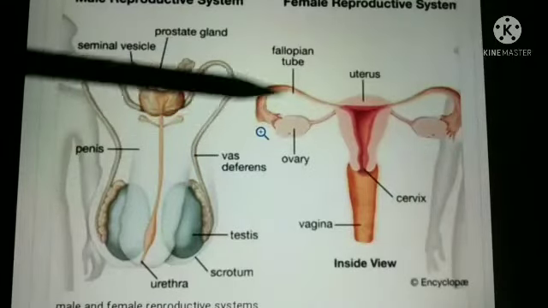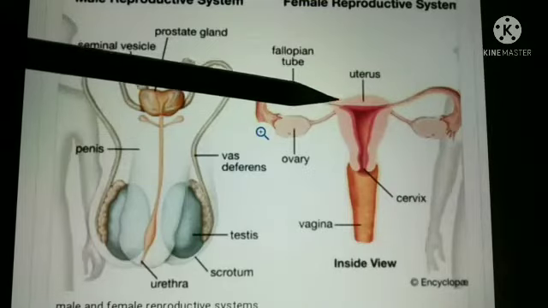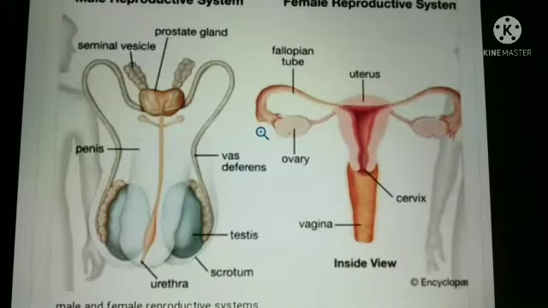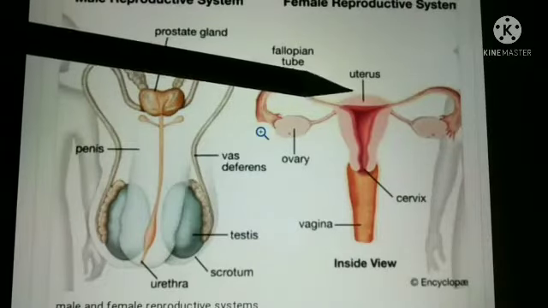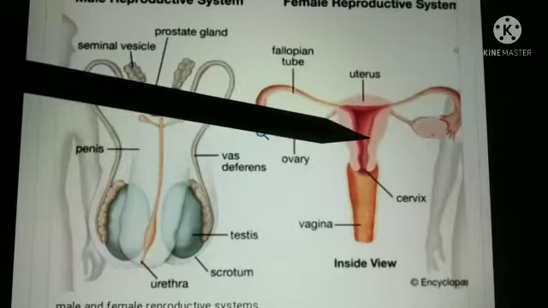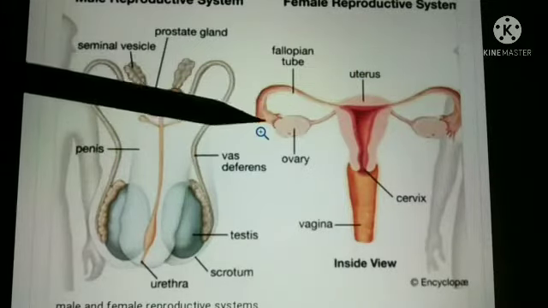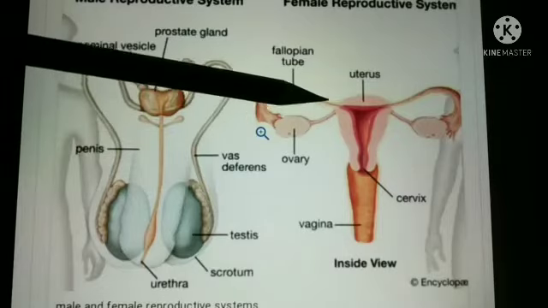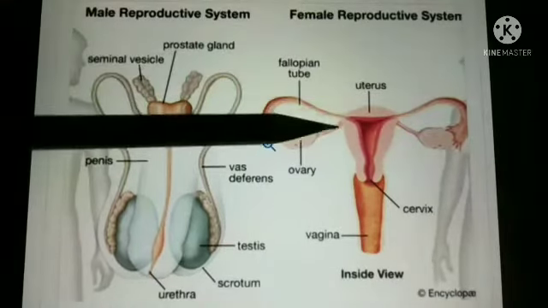What are fallopian tubes? Fallopian tubes are a pair of tubes running from the ovary to the uterus, through which an egg can travel and where fertilization with the sperm usually occurs. Here in the fallopian tube.